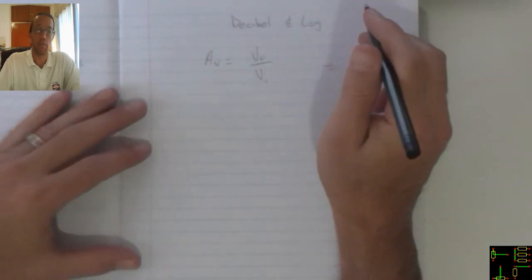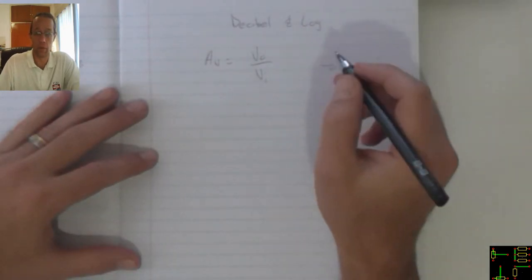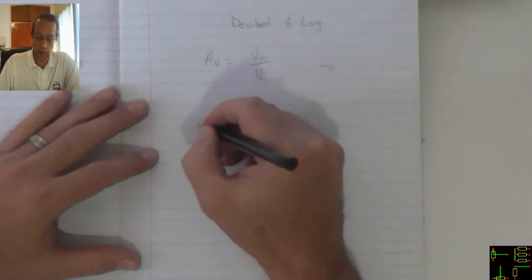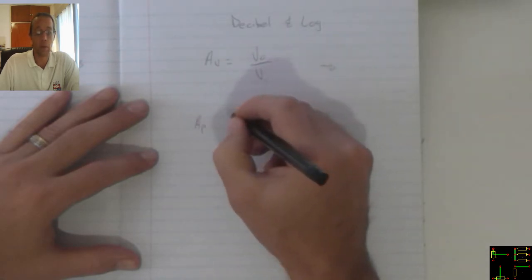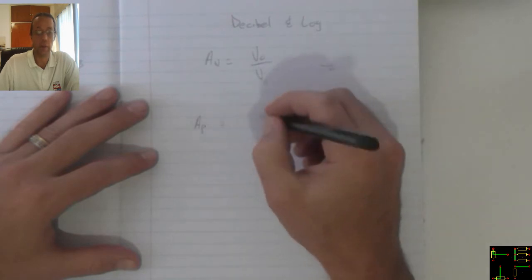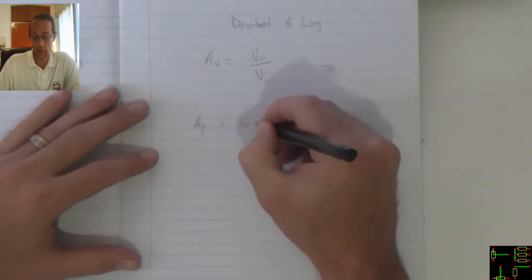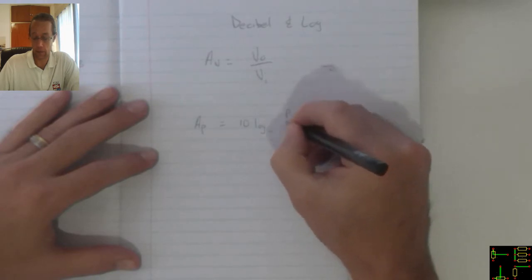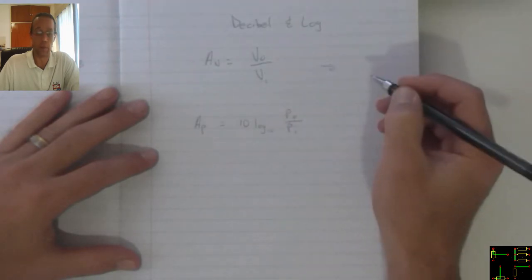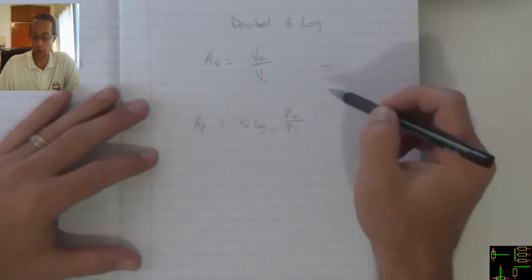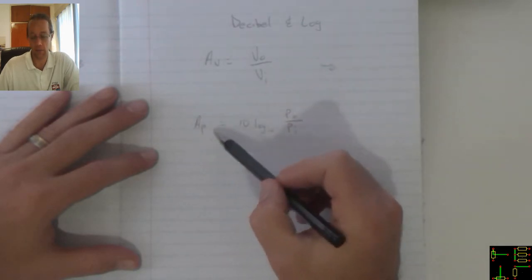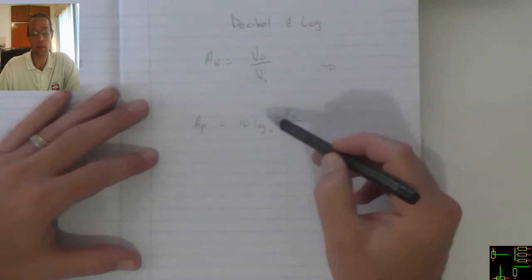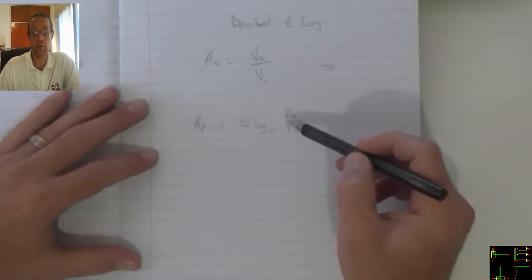Now decibel is the measure of volume, and we can calculate the power gain in decibel as 10 log base 10 of power out divided by power in. Now when there is a 3 decibel change, it means that my power has changed by a factor of 2.